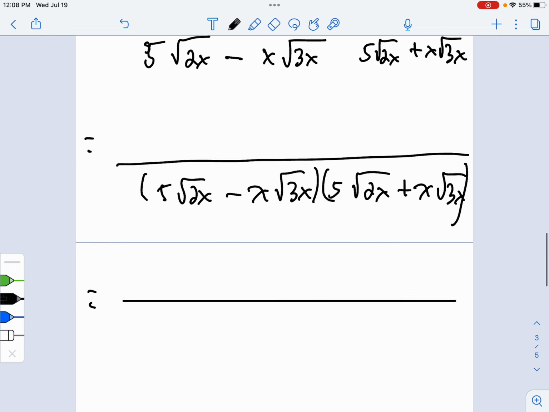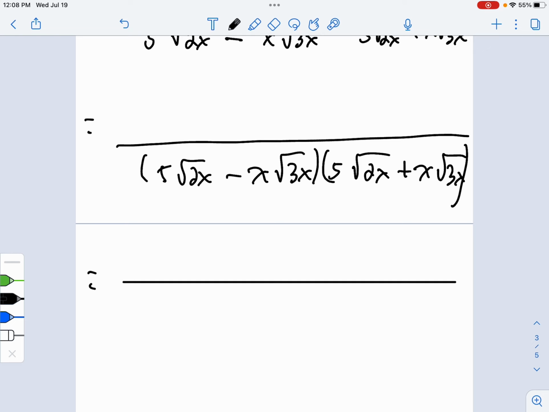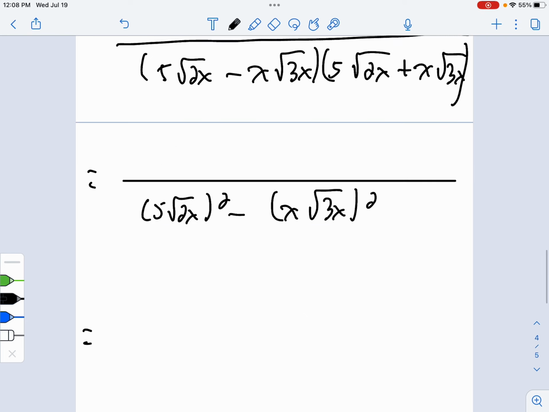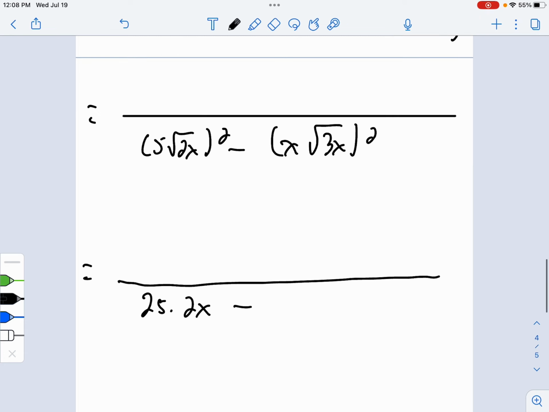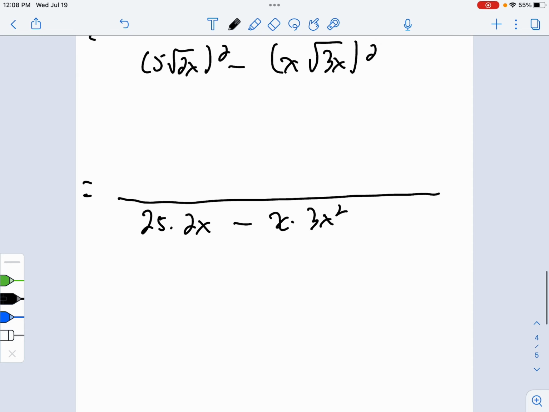We'll go back and look at the numerator. Again, this is a difference of squares. It's going to be 5 root 2x squared minus x root 3x squared. And you would have 25 times 2x minus x times 3x squared. So it'd be 50x minus 3x cubed.